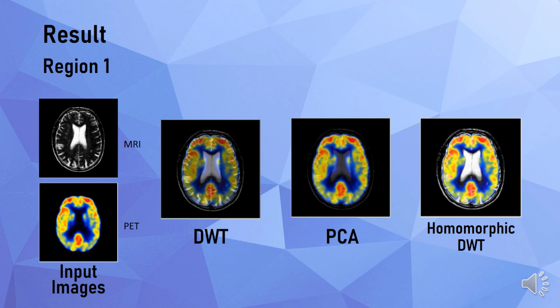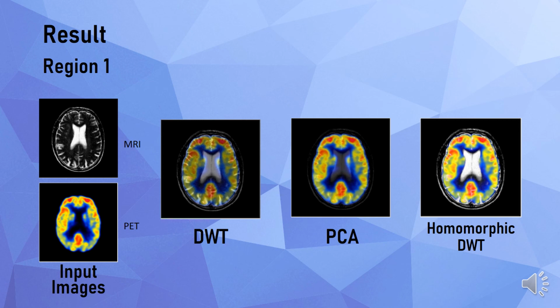For the PCA, not much information from the MRI is there. And the DWT is in the middle between the PCA and the homomorphic.